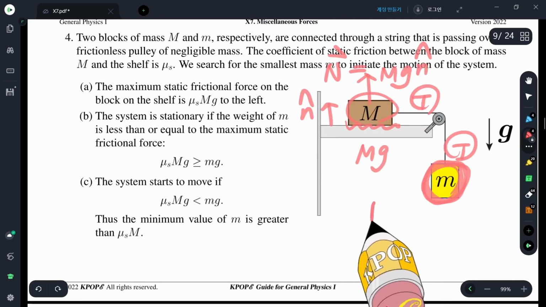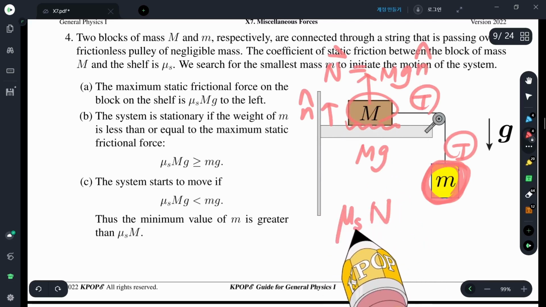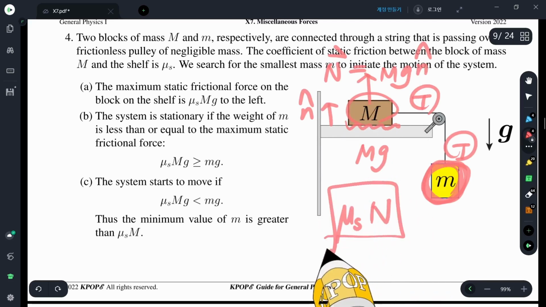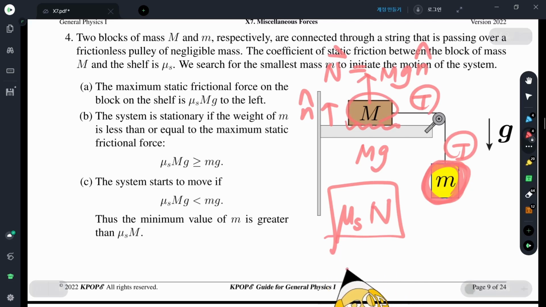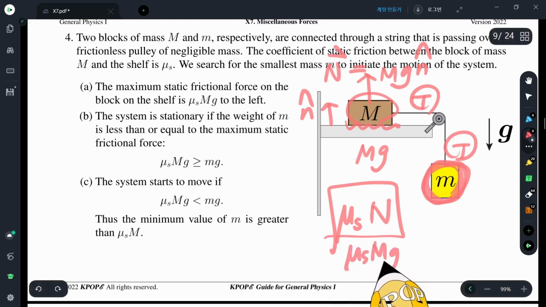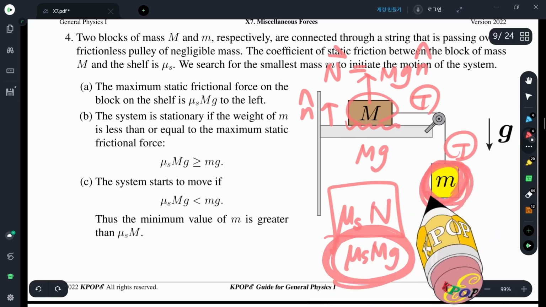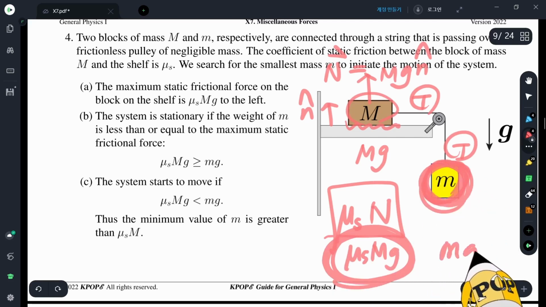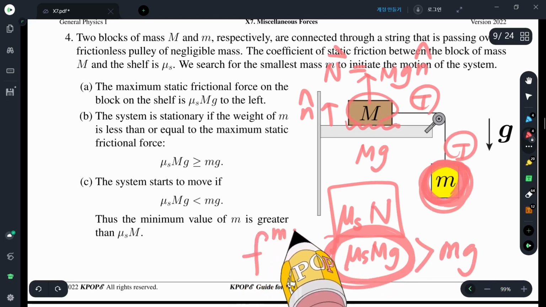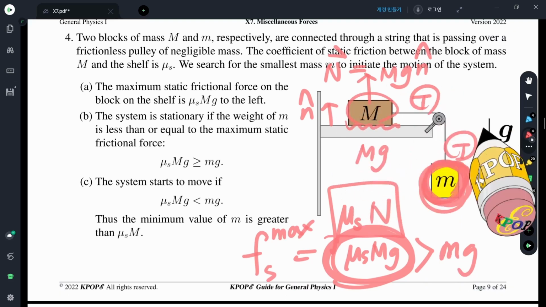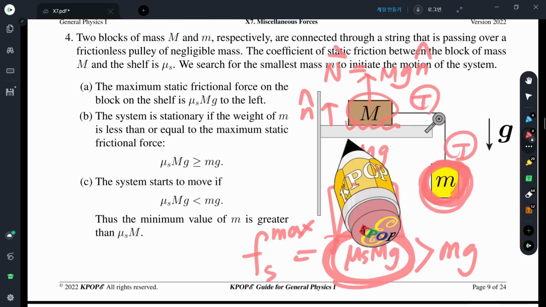Because of the normal force, there should be a maximum static frictional force, mu s mg. If this static frictional force is greater than this mg, this is F max S, then this system is stationary.